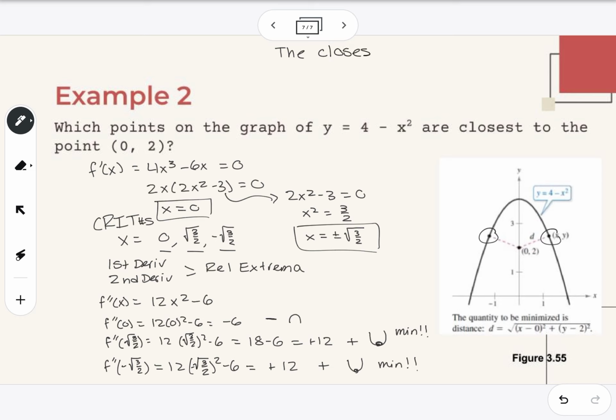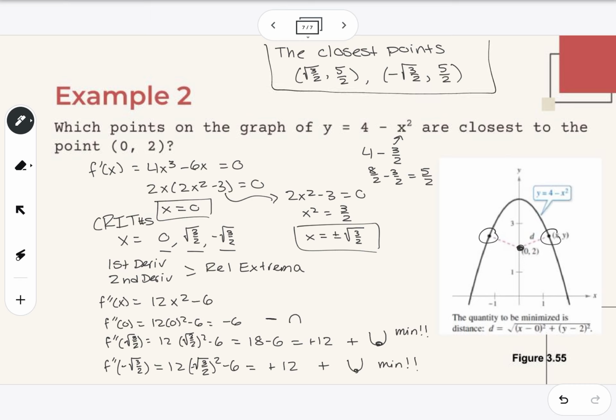The closest points to this point, 0, 2, are square root of 3/2, comma, okay, if you plugged square root of 3/2 in over here, you would get 4 minus 3/2, which would be 8/2 minus 3/2, which would give you an outcome of 5/2. And then our other point would be negative square root of 3/2. You're going to end up with the same exact y value. So that is your final answer.